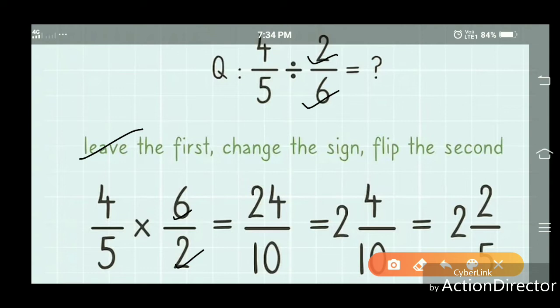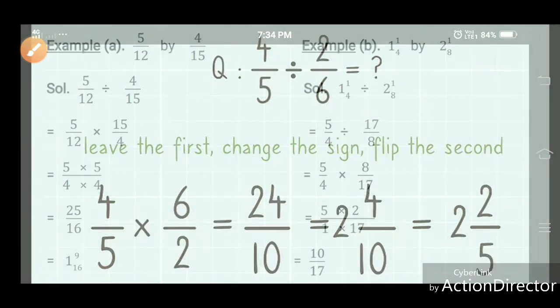When we multiply these two fractions, 4 6s are 24 and 5 2s are 10. So in mixed fraction form we get 2 whole 4 upon 10, and 4 upon 10 divided by 2: 2 2s are 4 and 2 5s are 10. So we get 2 whole 2 upon 5.